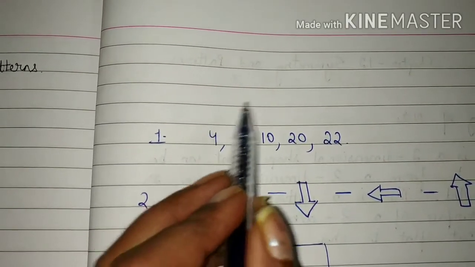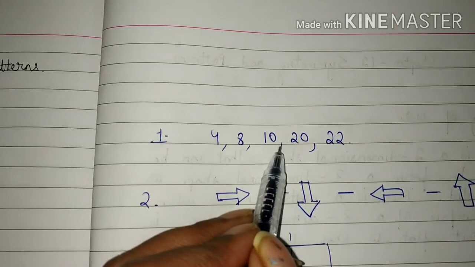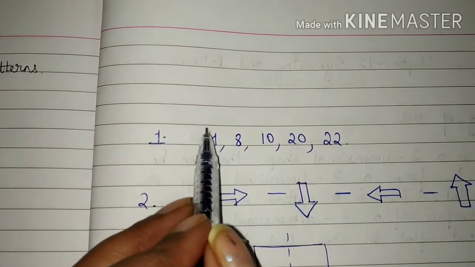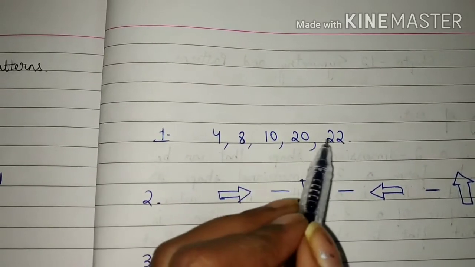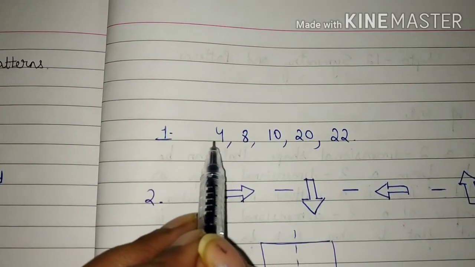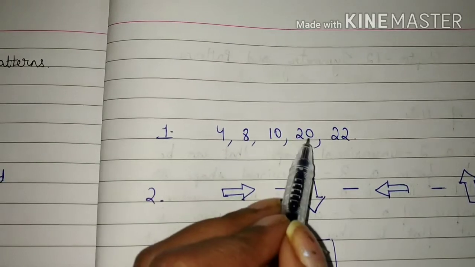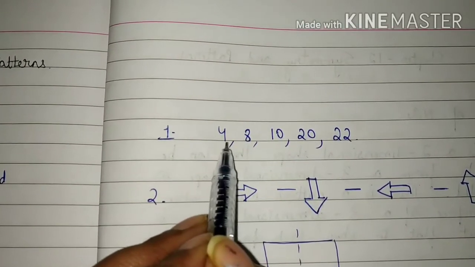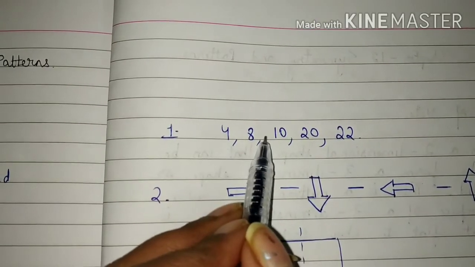So this is called a pattern. So students, from this point of view, we can say that pattern is a sequence of repeated numbers. See, here we are repeating the numbers, but these numbers are repeated in a sequence way. So this is called pattern.